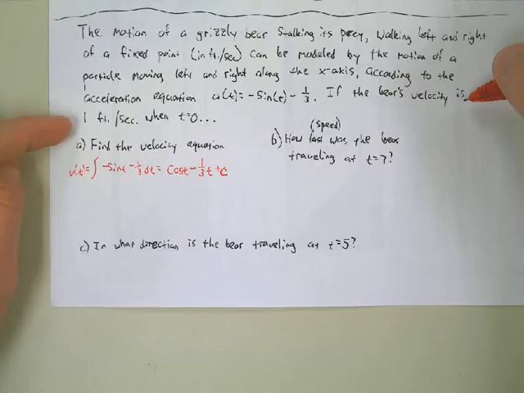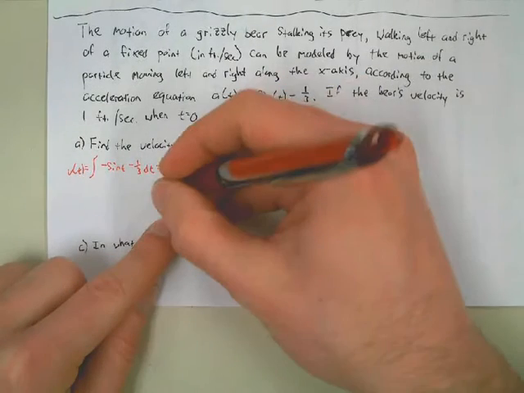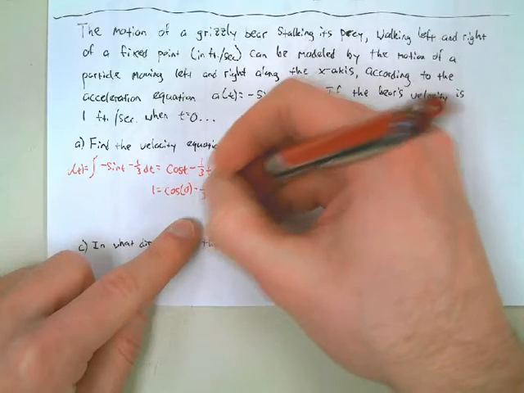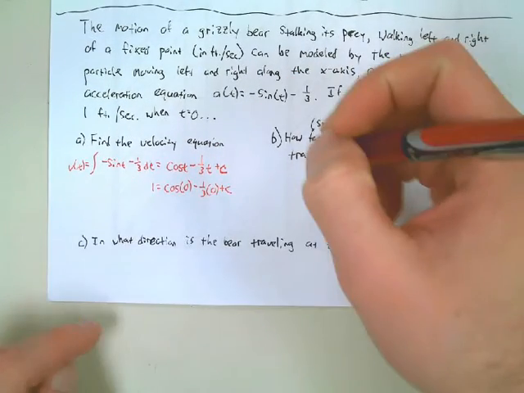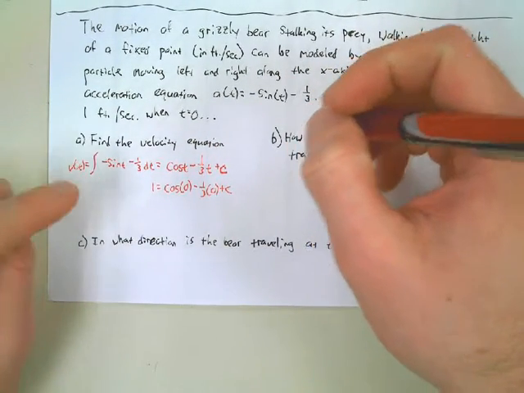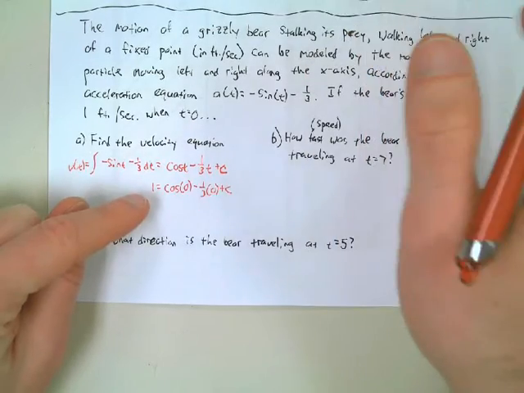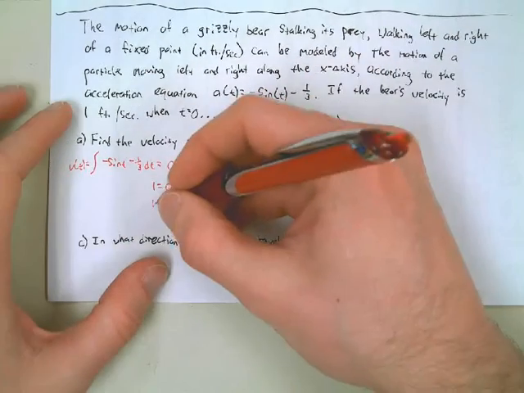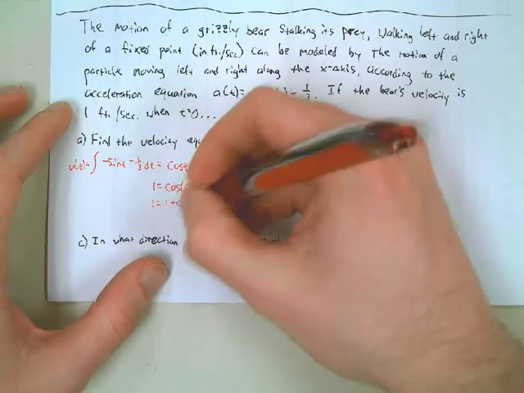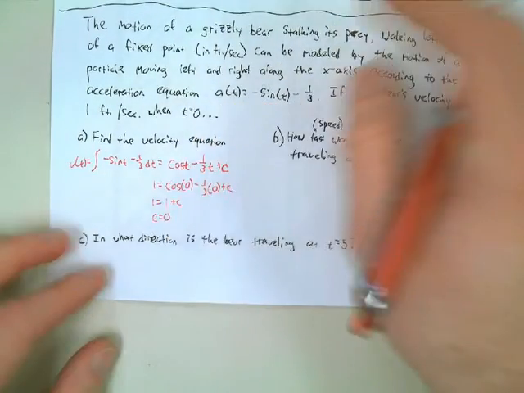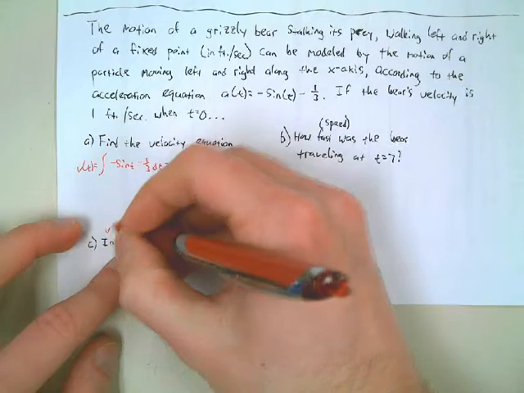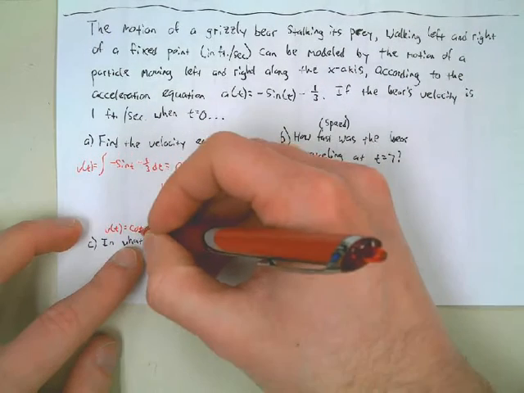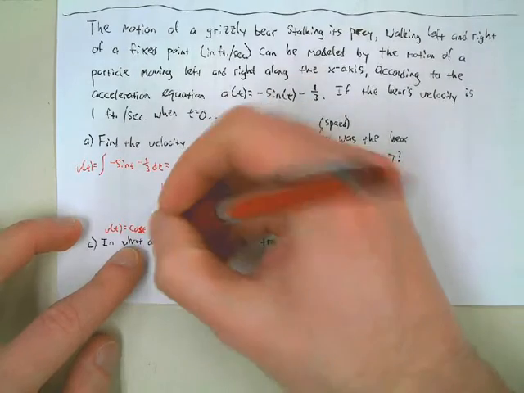So we can say 1 equals cosine of 0 minus 1/3 times 0 plus C. Cosine of 0 is 1, so C equals 0. So the velocity equation is just cosine t minus 1/3 t. There's the velocity equation.